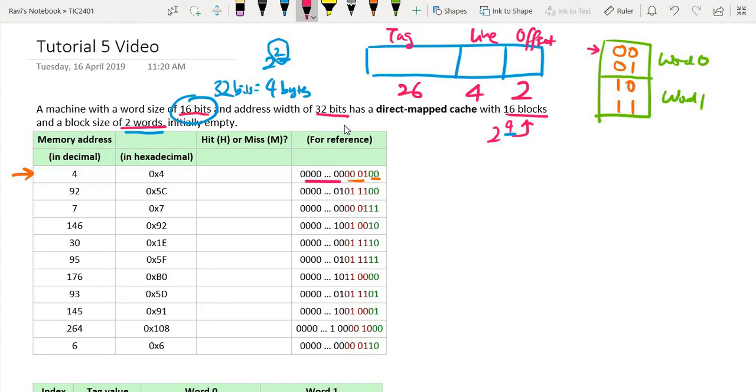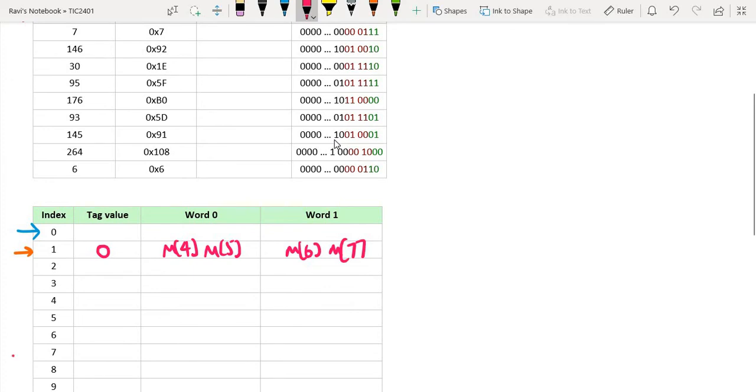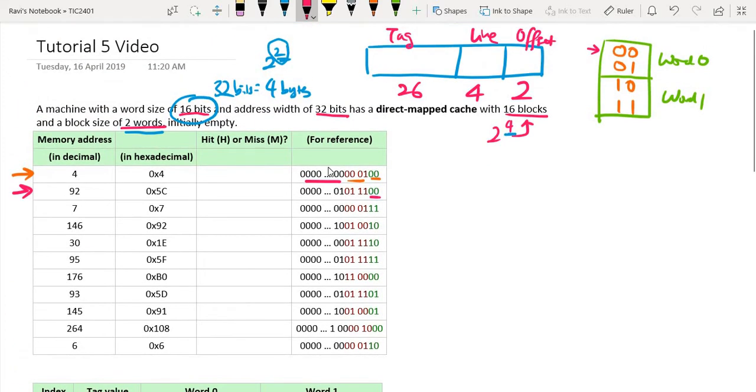Now let's look at the second access. Here we have the address location hex 5C. So 5C maps to line 7, offset 0. So I'll come to line 7 and update the information. This address location also has a byte offset of 0, so it is also talking about word 0.